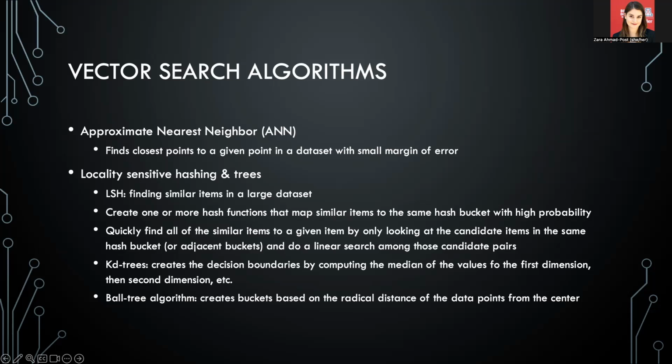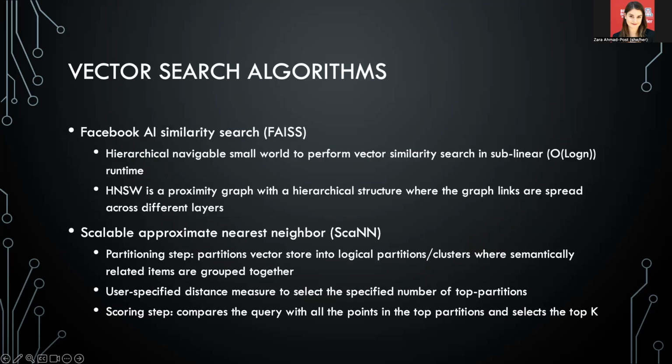So that's one option. We have locality sensitive hashing and we have trees. We can read more about this because I'm going to run out of time. We have cool things like Facebook AI similarity search, which is an algorithm that's very popular for finding similar vectors. And it makes sense why we want to find similar vectors, right? I should have backed up a little bit.